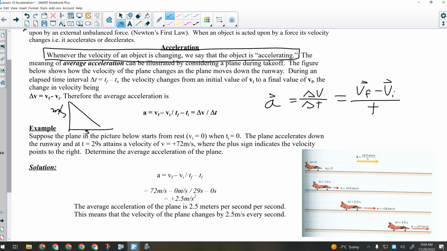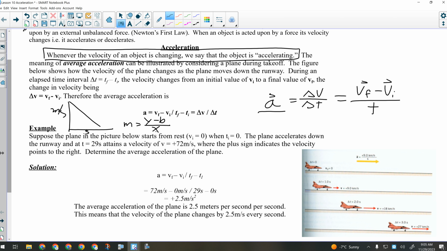So would this change in velocity be the slope of the line? That might be useful somewhere, like stuff we were working on maybe yesterday. So when I calculate the slope of this line, I'm essentially finding the average acceleration of the object, using the trend line. Final velocity minus initial velocity divided by time.